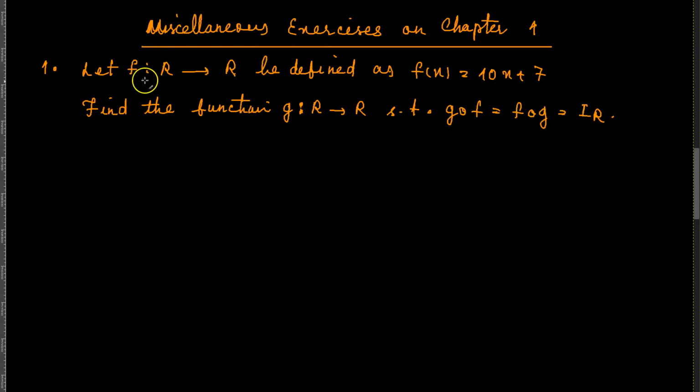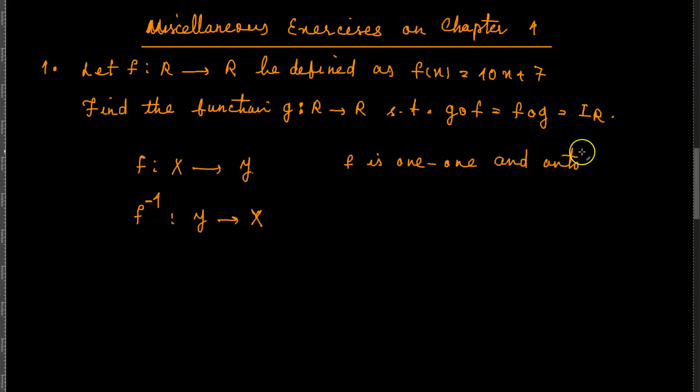What that means is that in the previous videos, we said that if you have some function f from X to Y, you can find the inverse of f as a function f inverse from Y to X. First you need to make sure that f is 1 1 and onto.